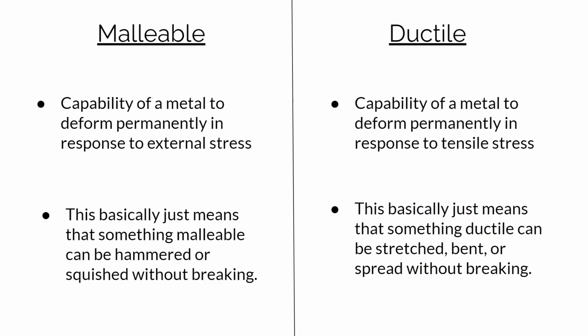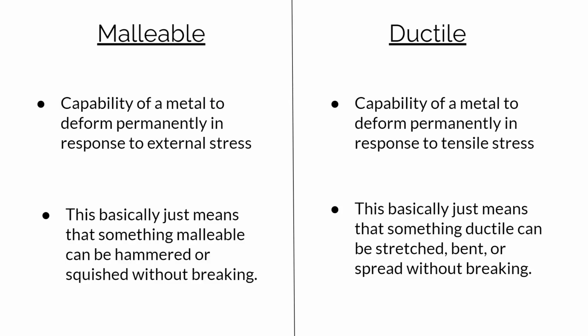difference between these two because you'll need to know that for the competitions. Now, malleability is the capability of a metal to deform permanently in response to external stress, which essentially means something that's malleable can be hammered or squished without breaking. So you can press it down into thin sheets and it won't break.